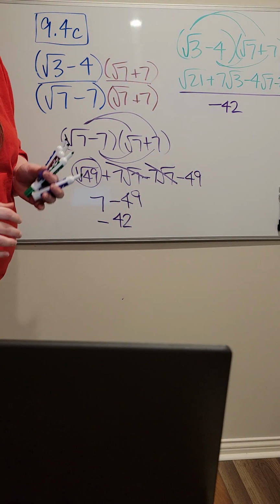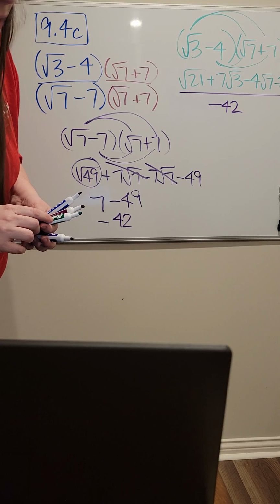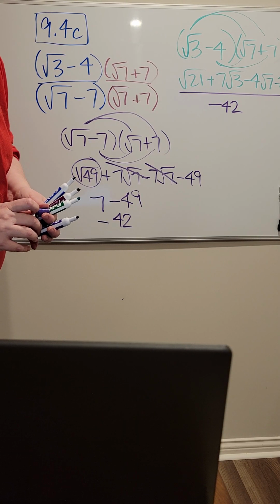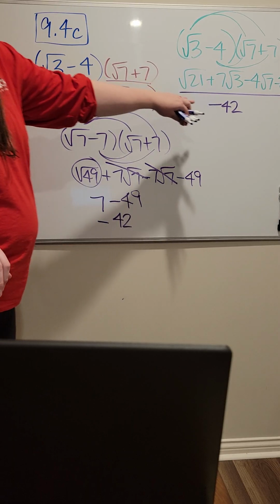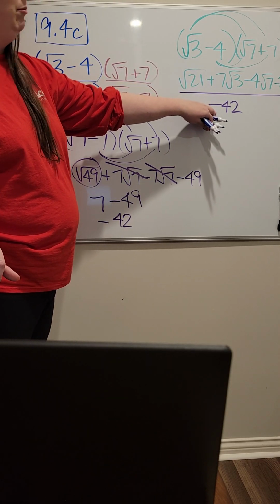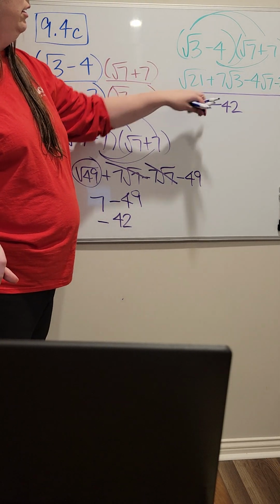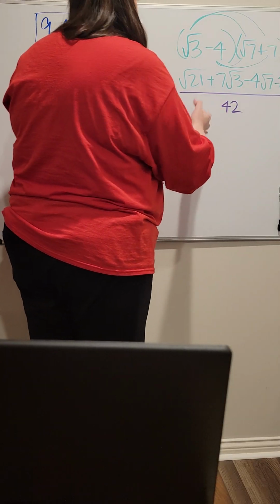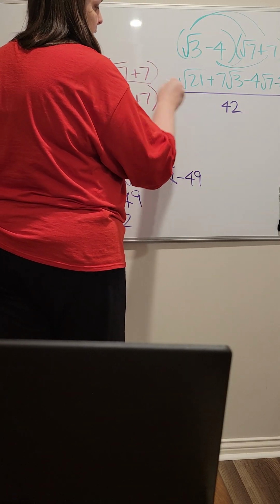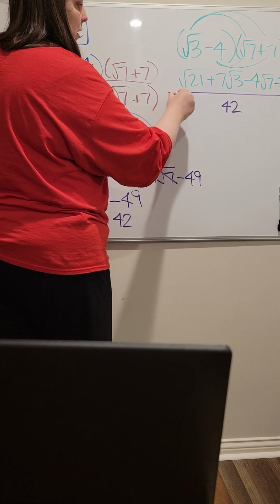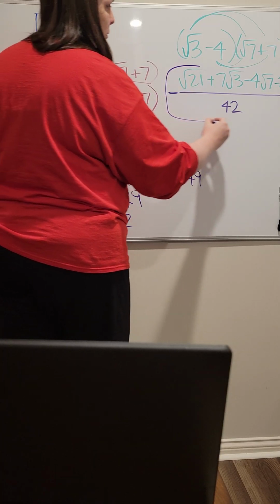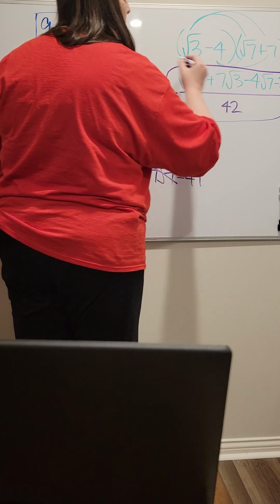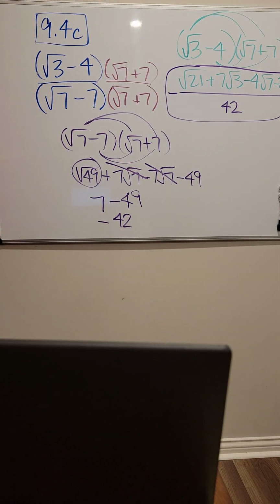And that would be your final answer. It's ugly, but it is more correct because you don't have any radicals in the denominator. Now Hawks is going to prefer you to move this negative out front, just center it in front. So that's where I would put it when you're typing it in. So that's one example.